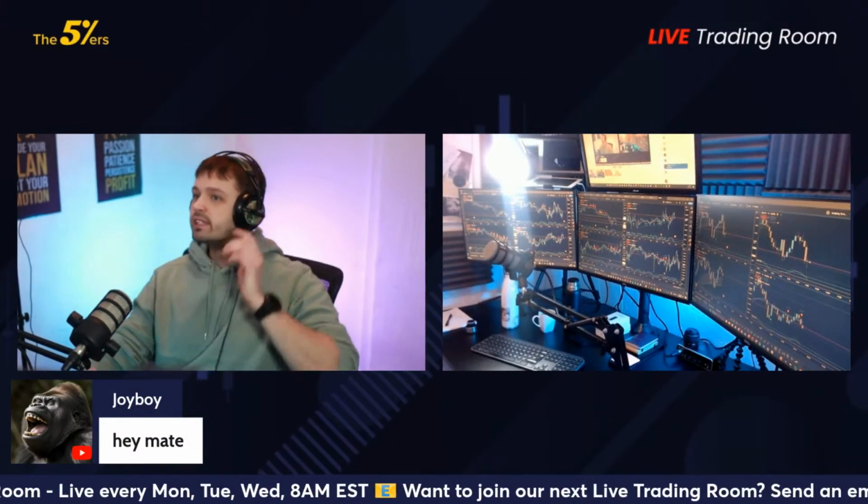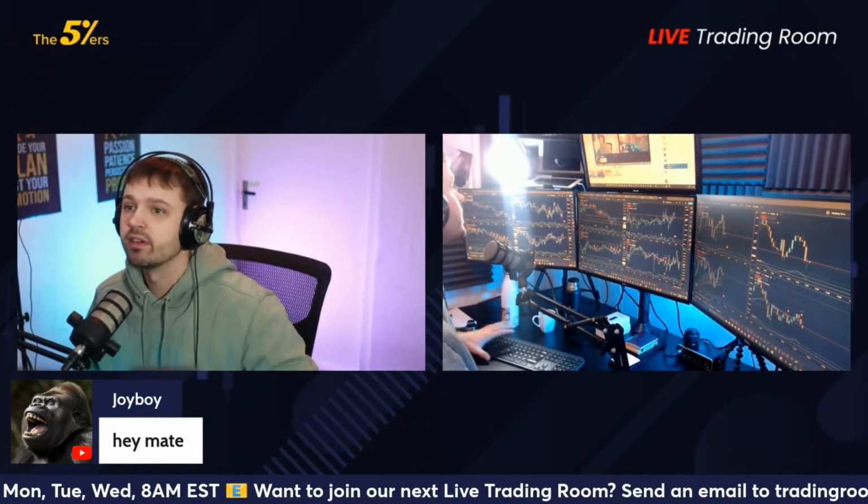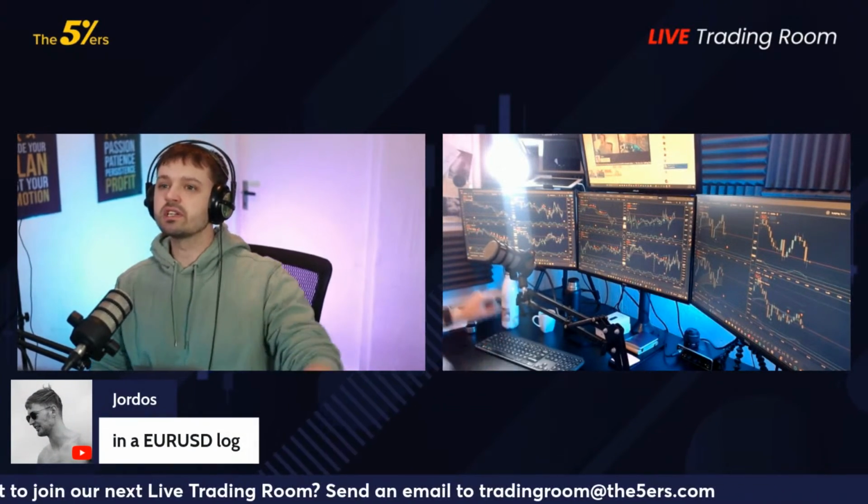Also, I'm playing around with adding a secondary camera here. It's going to show you the setup I have here with all the different screens. So as you can see, to the right of me, I have my left screen.